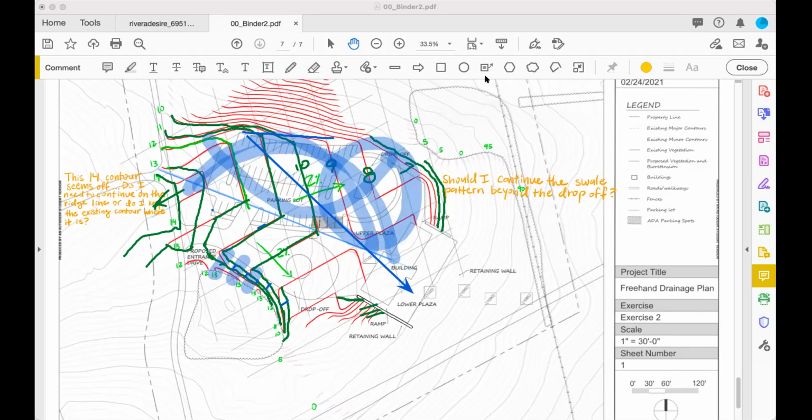Because you can see I'm curving the drop off like this. If I curve my parking lot in the other direction, I am making space. Okay. Anything else? I think that's it. Thank you.